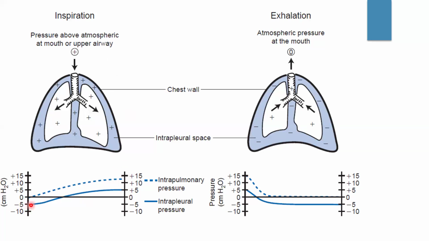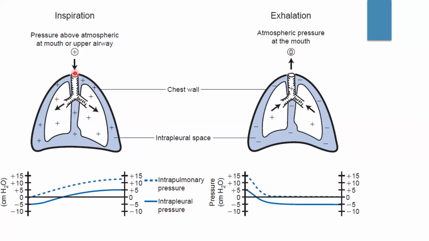And see, the pleural pressure is also becoming positive. Anyway, there will be a gradient between the upper airway and the alveoli, and there will be flow of air inside the lungs. In exhalation, we said that exhalation is passive in both spontaneous and mechanical ventilation. So we simply release the pressure.